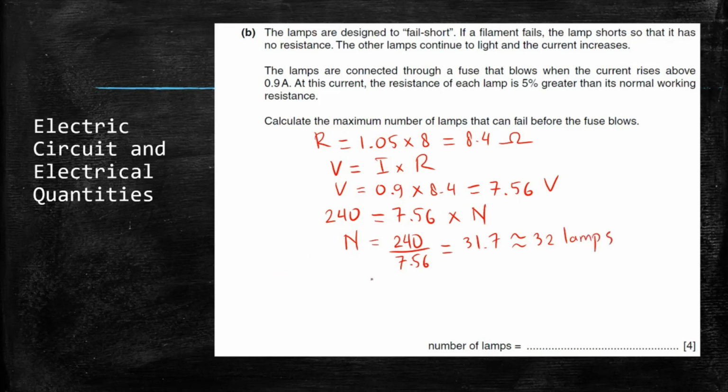Then the maximum number of lamps that can fail before the fuse blows is the total lamps, 40, minus 32 lamps, the number of lamps which can still be lit by the 240 volt supply after the current and the resistance increase. 40 minus 32 equals 8 lamps.